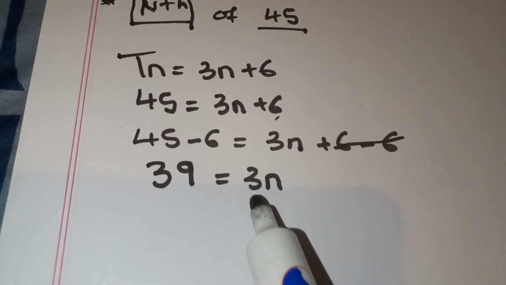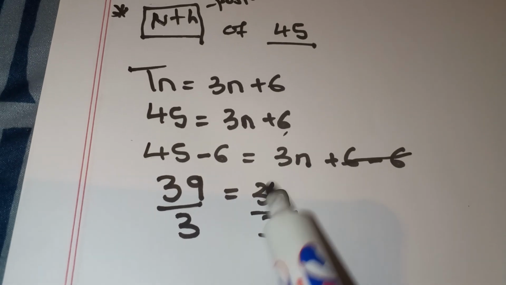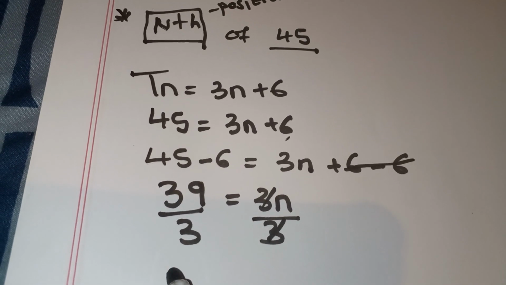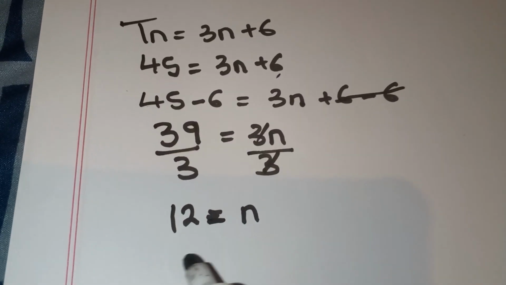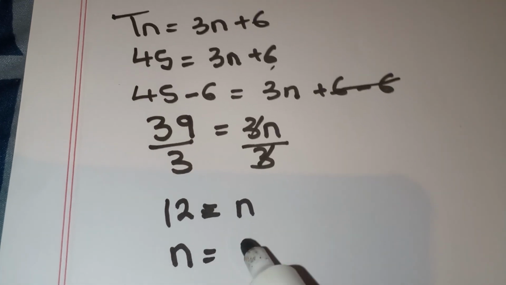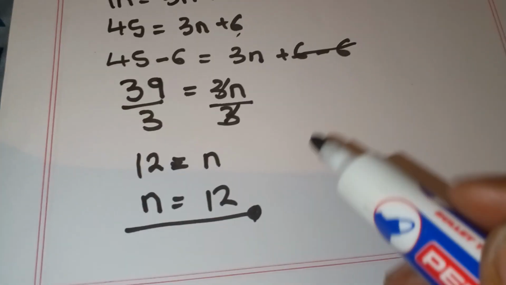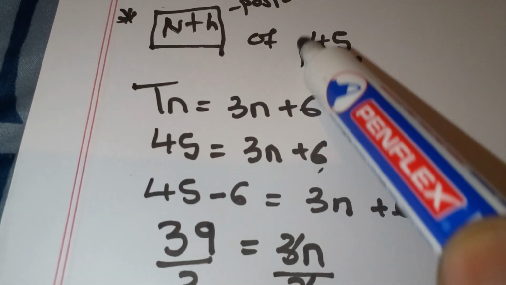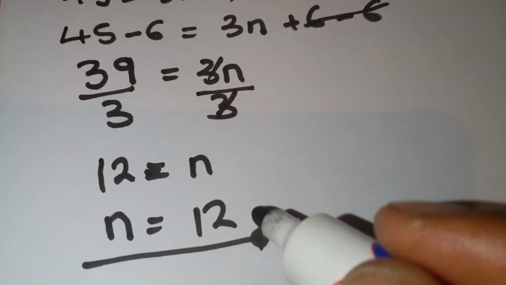All right, then what are we going to do? We are dividing by 3. Then this one cancels this one. 39 divided by 3, guys, that should be 12, is equal to n. Or you can just say n is equal to 12. That means you can find this 45 in position number 12.